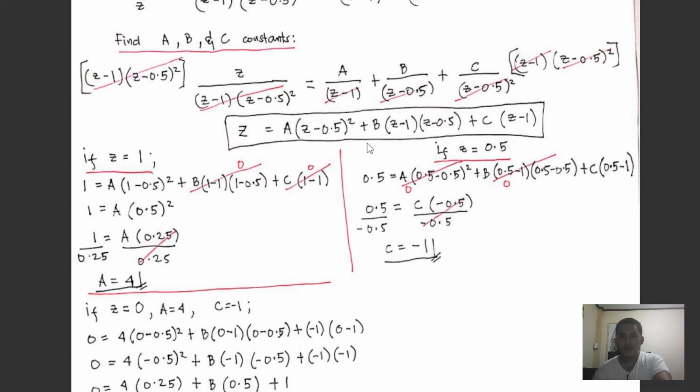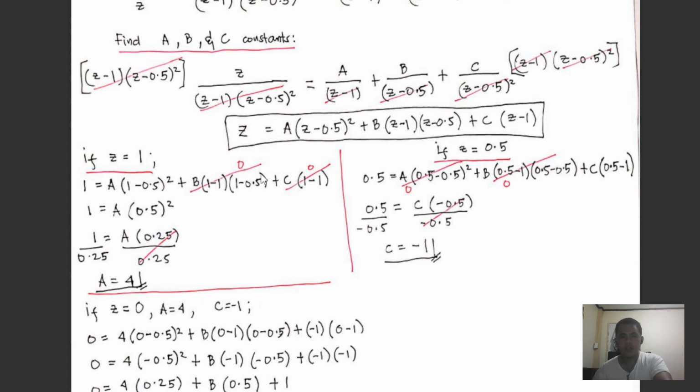We use this equation for solving. If z equals 1, we do the solving, and we get a equals 4.